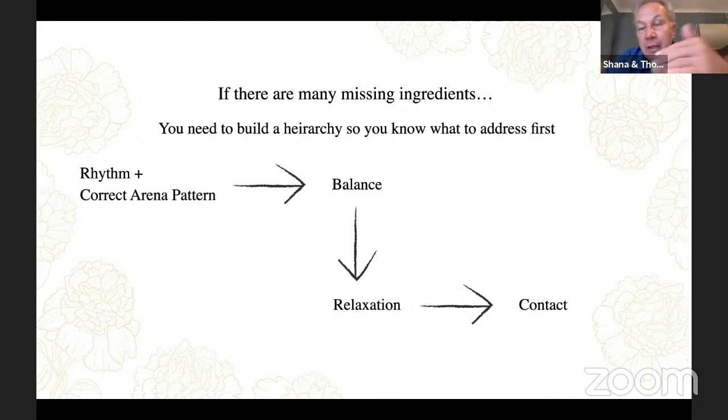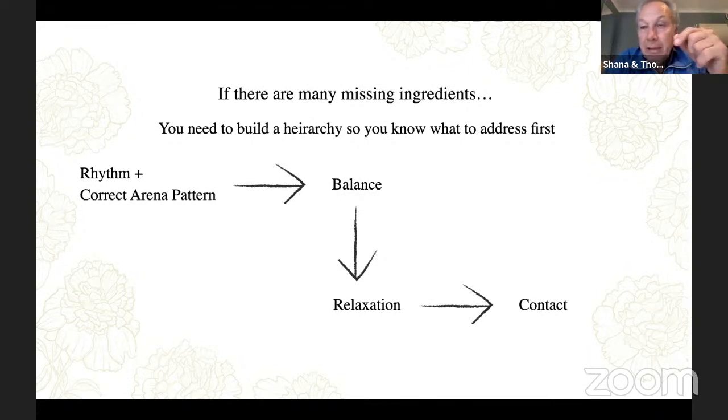The steady rhythm allows the horse to find a longitudinal balance, like front legs to hind legs balance. The correct arena pattern, the alignment of the horse on the arena pattern, allows the horse to find his lateral balance. Together, they form the balance.